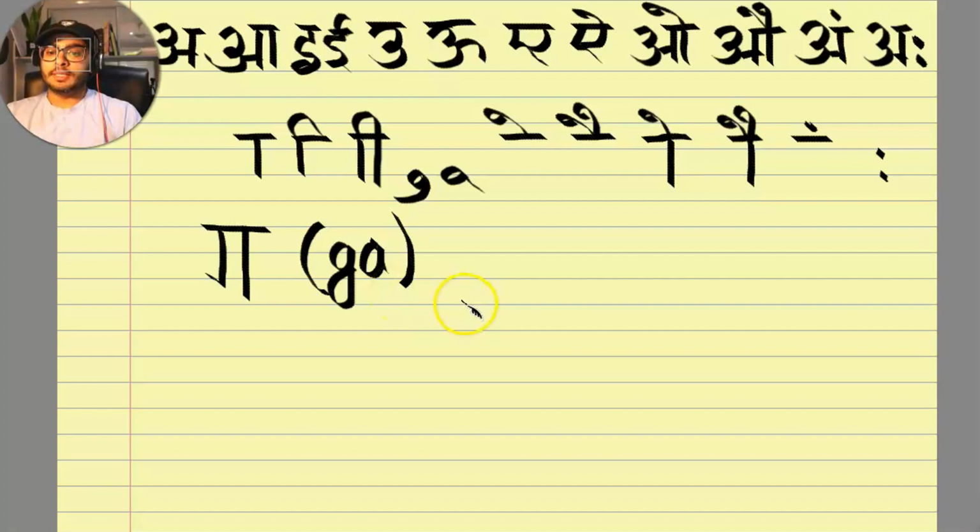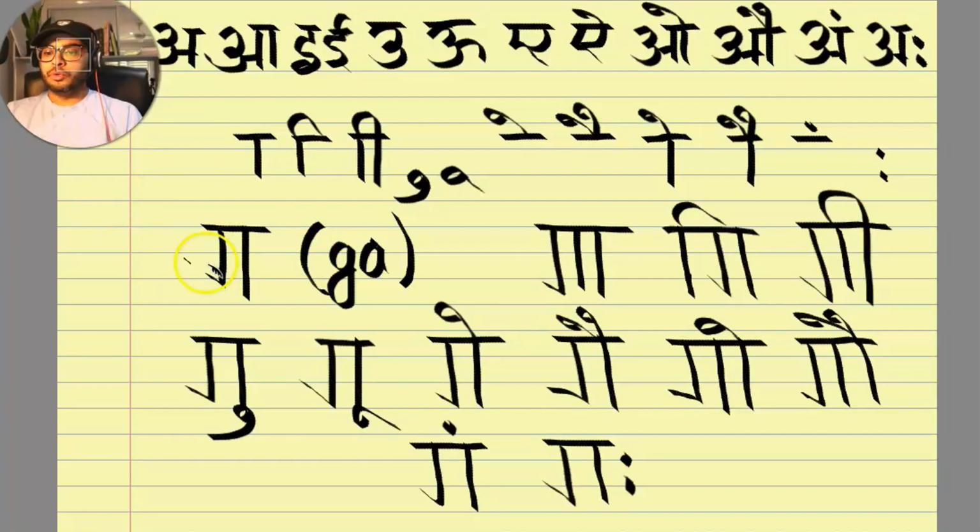When you're saying get, that Ga sound, this sound. And a Nepali word would be Gamala, which basically means plant pot or flower pot. The Barakhari for Ga would be Ga, Gaa, Gi, Gee, Gu, Goo, Ge, Gai, Go, Gau, Gam, Gaha.